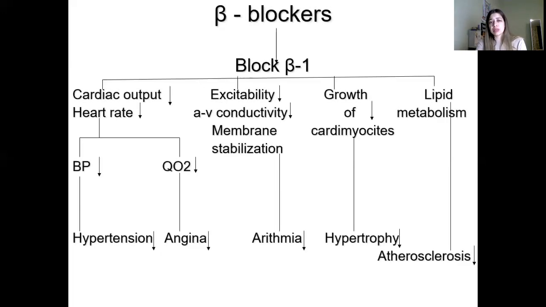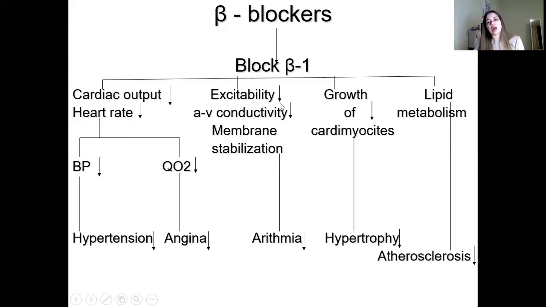Okay, what do the beta blockers do? Actually, here we can see their normal effects. We know already all of them. So this is very helpful: they reduce the heart rate and cardiac output, which reduces hypertension and angina and the need for oxygen.